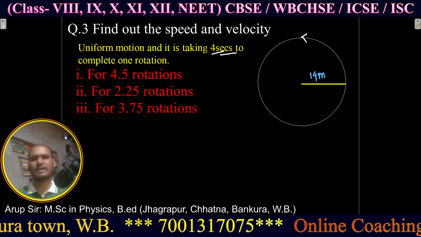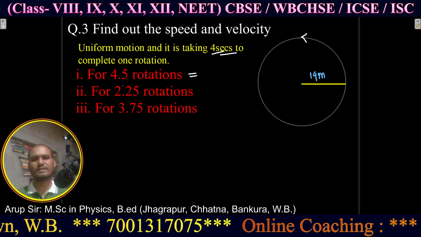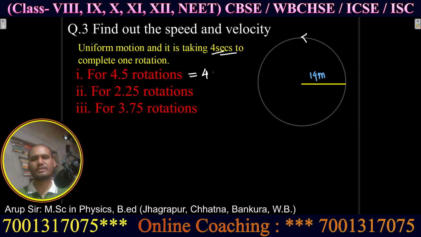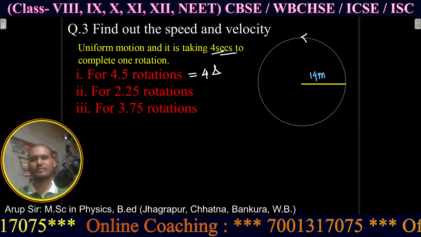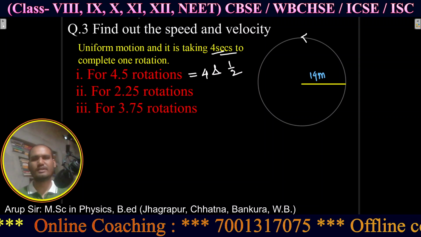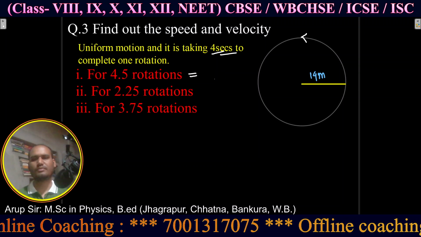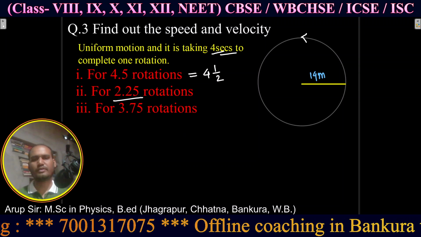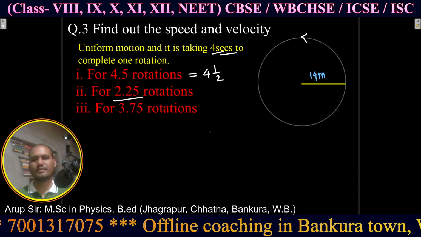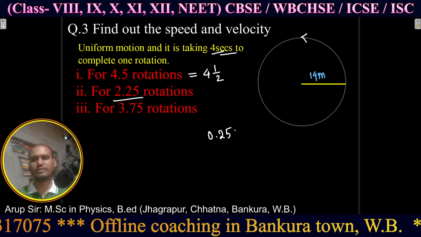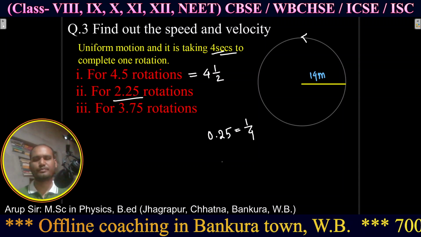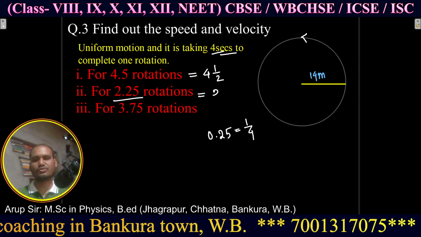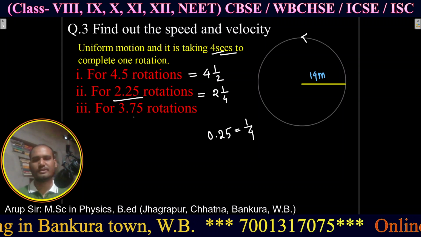Before coming to the solution, see what is written. 4.5 means 4 complete rotation and half rotation. 2.25 means 0.25 can be written as 1 by 4, so it is 2 complete and 1 by 4.